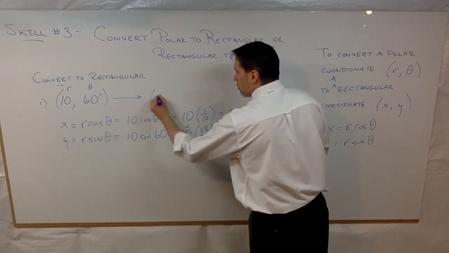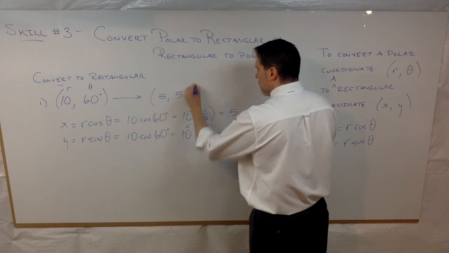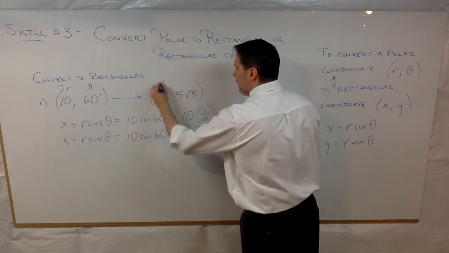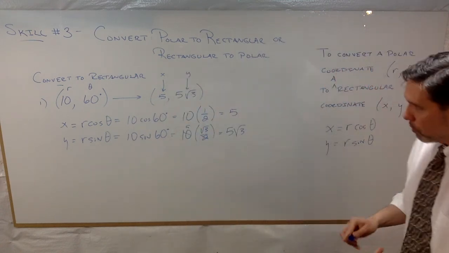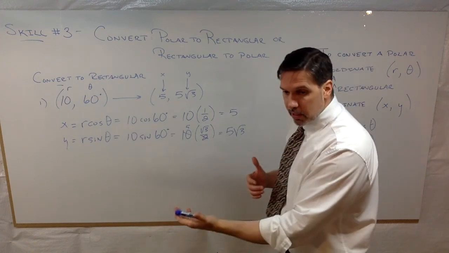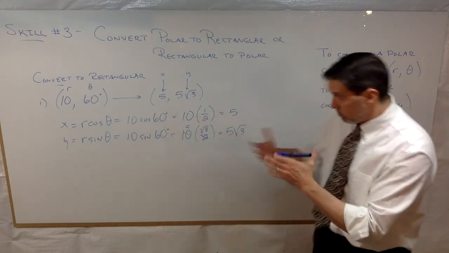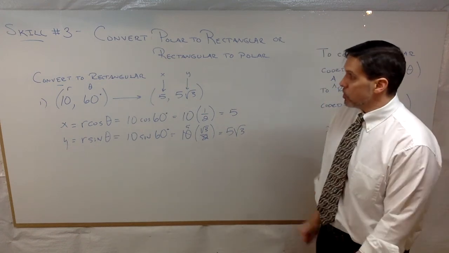Well, it would be the ordered pair 5, comma, 5 square root of 3. The x-coordinate would be 5. The y-coordinate would be 5 square root of 3. That's the connection. So the polar plane is definitely connected to the Cartesian coordinate system. There is a direct relationship there.